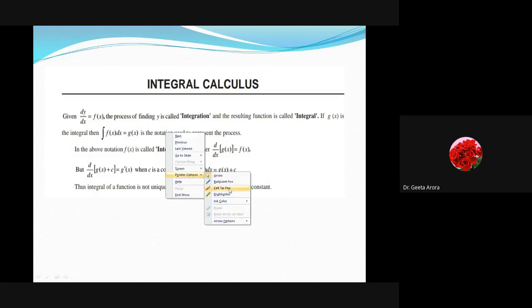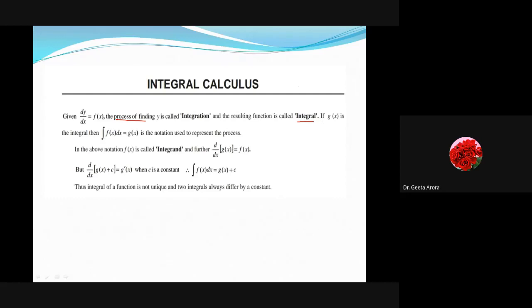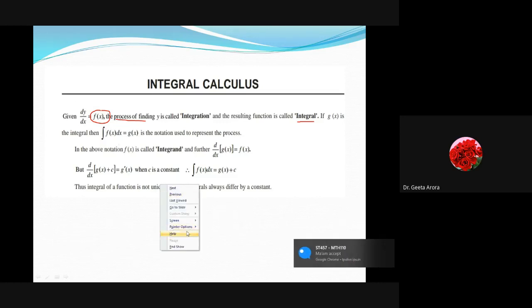And whenever we follow the integration process, because it is a process of finding out y, whatever we obtain as a result is known as an integral, correct? And if we have g(x) as an integral, then we can write that the integral of this f(x), whose derivative is given to us as dy by dx, on integrating, we get the integral of f(x) as g(x).